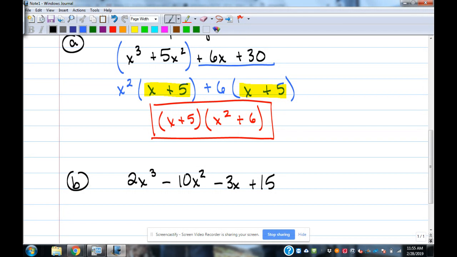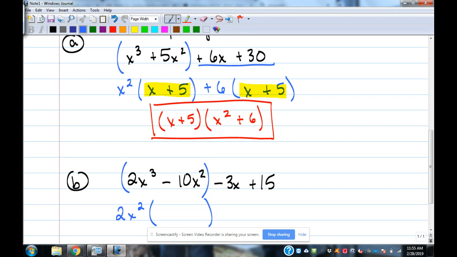What's the first half? It's these first two terms. 2 is what GCF. What else do they have in common? 5 doesn't go into 2. 2's the number. Both of them have x's. How many of them? 2. So the GCF would be 2x squared.